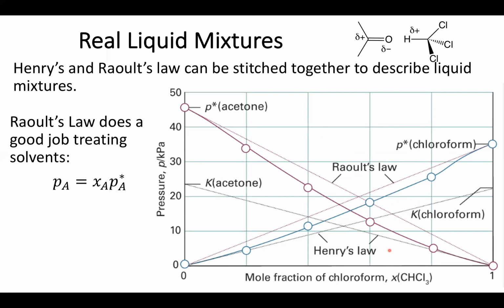And so in general, Raoult's law is going to be very good for treating our solvents. Say, in this case, when I'm looking at chloroform mixed with acetone, it turns out that if I have a mixture that's mostly chloroform, chloroform tends to obey Raoult's law fairly well.